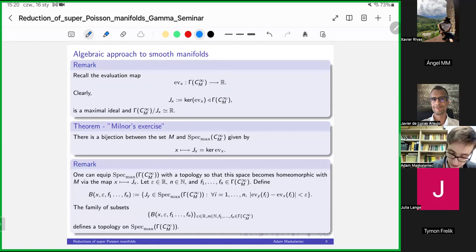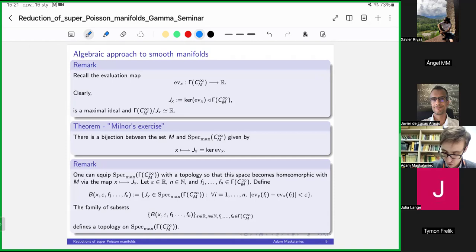So clearly its kernel is a maximal ideal, because the quotient by this kernel is a field. And then it turns out that all maximal ideals in the ring of smooth functions on a manifold are exactly the ideals that are kernels of evaluation morphisms at certain points.